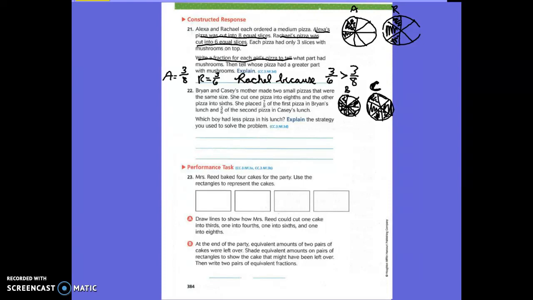No, his is cut into 6, and Brian's is cut into 8. He doesn't have more pieces than Brian does. He actually has less pieces. But you're not wrong. You actually are right. Casey's is less. But why? Your explanation does not explain it right.